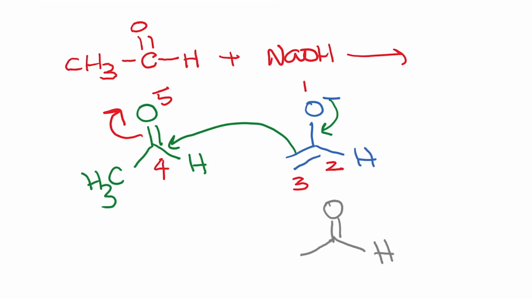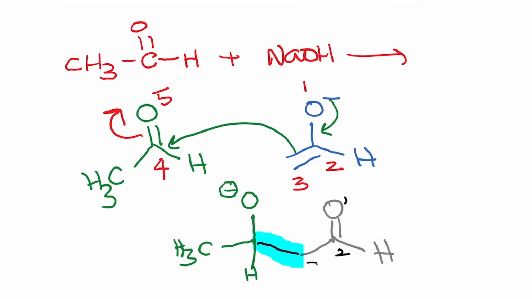Now there is a new bond being formed between carbon 3 and carbon 4. Carbon 4 now has C double bond O become O minus, right? And the hydrogen is here and the methyl is here. Okay, so this is the new bond that is being formed between carbon 3 and carbon 4. Let me just number this: 1, 2, 3, 4, and 5.